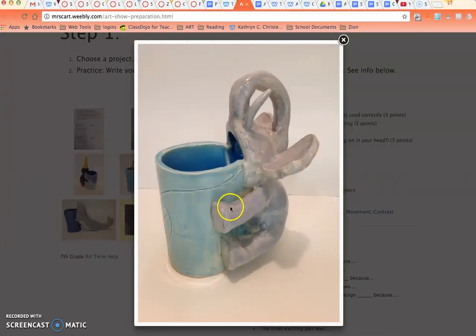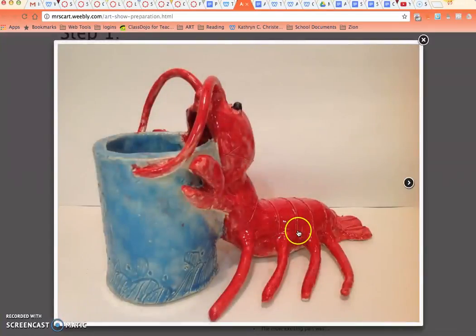One of the words on there is contrast, and you need to make sure that your animal actually shows contrast. This gray and this blue really don't contrast each other because they're about the same value. So let's look at one that has more contrast. This one has more contrast. The red pops out against the blue.